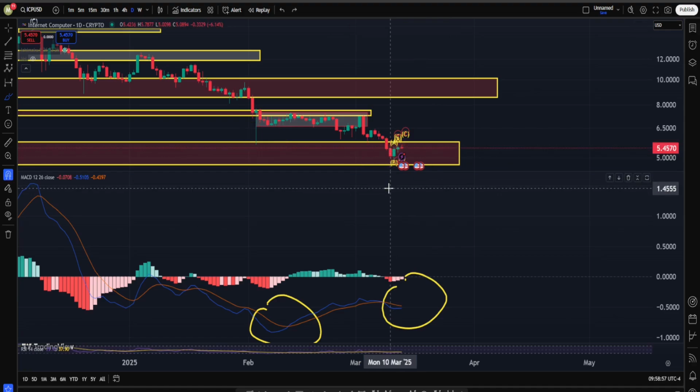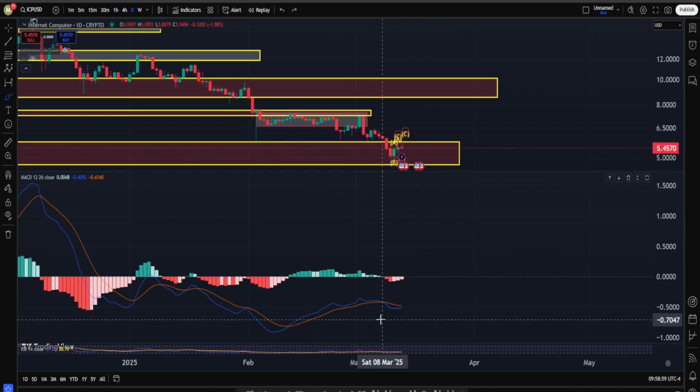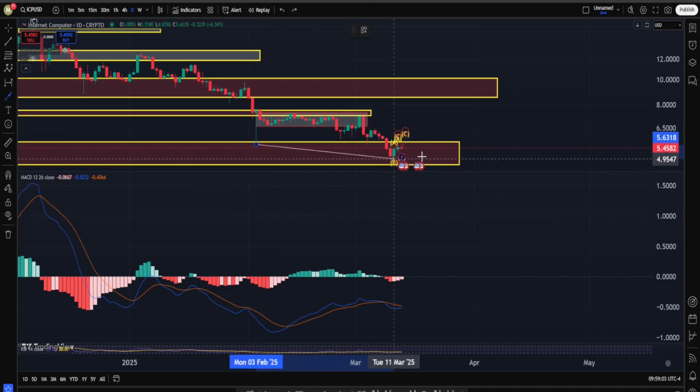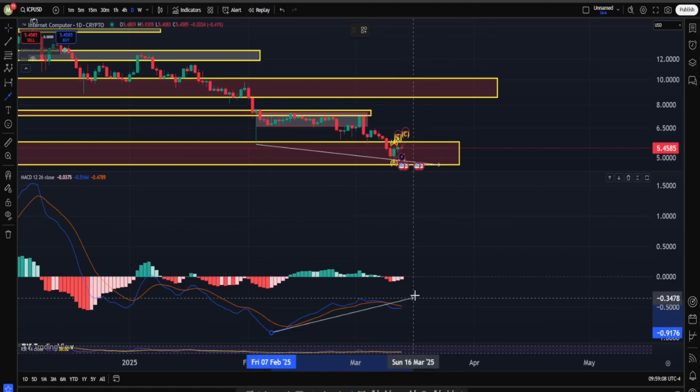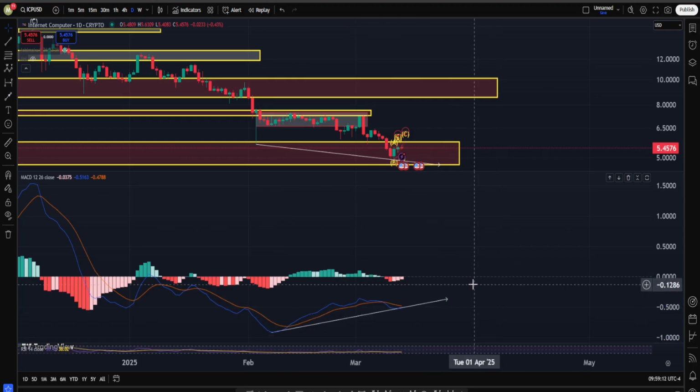So what this means is that we are having in here in MACD in the daily time frame a bullish divergence, which can be a very good sign suggesting overall bears are running out of power and soon we are going to hit some sort of a bottom.